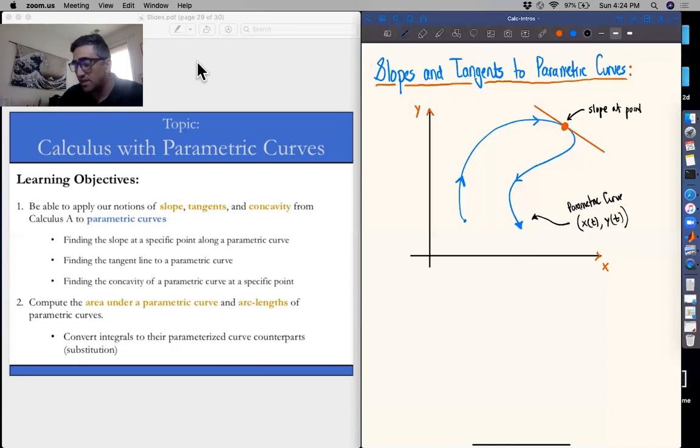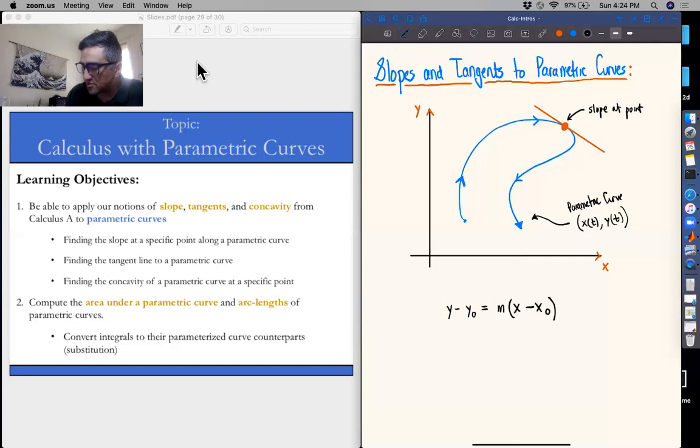And then we could plug them into one of our line equations. For us, what will actually be useful is the point slope form of a line. So we have y minus y0 equals m times x minus x0.